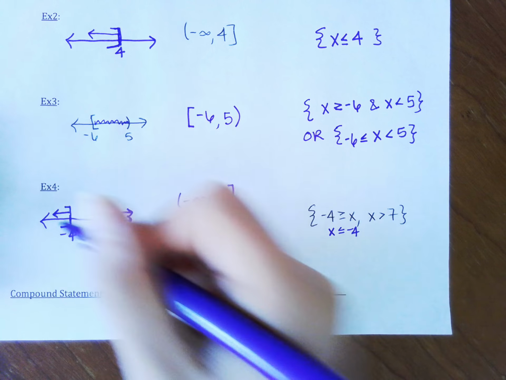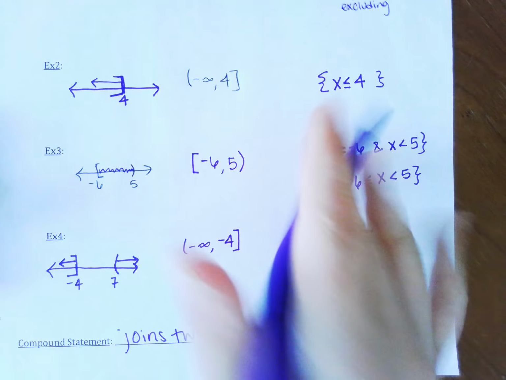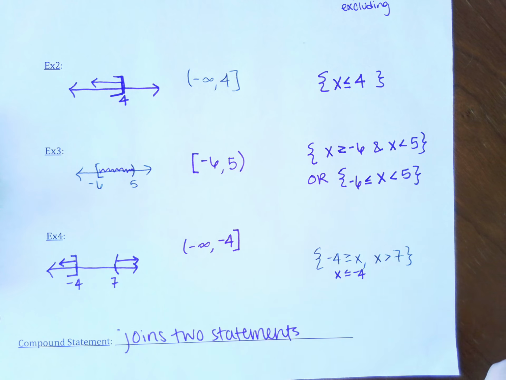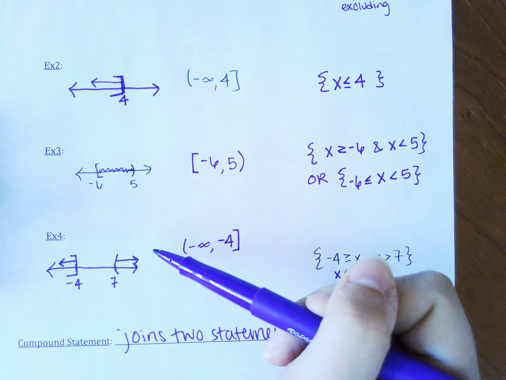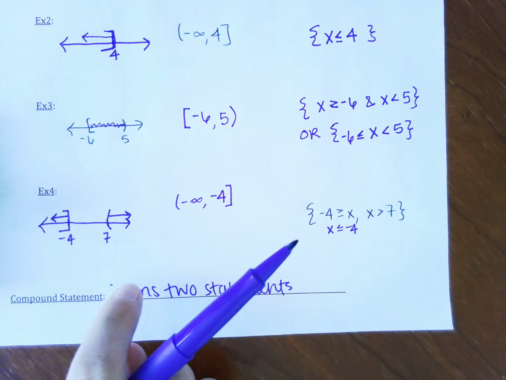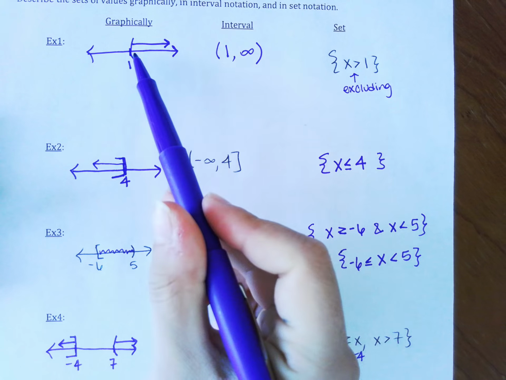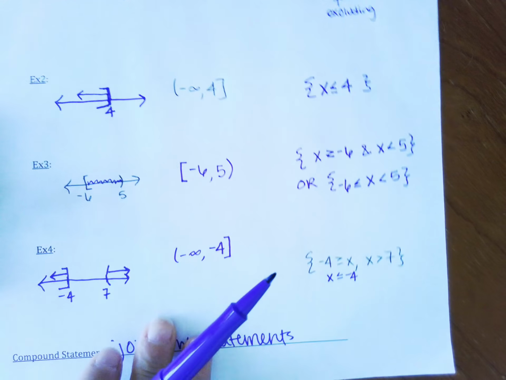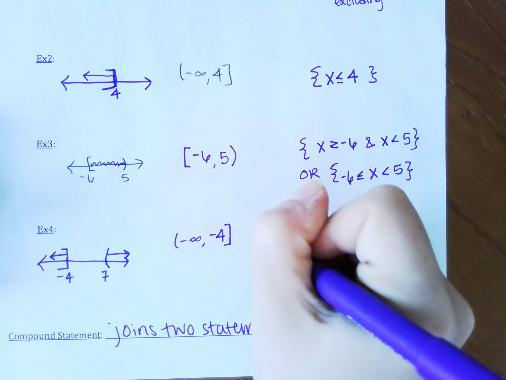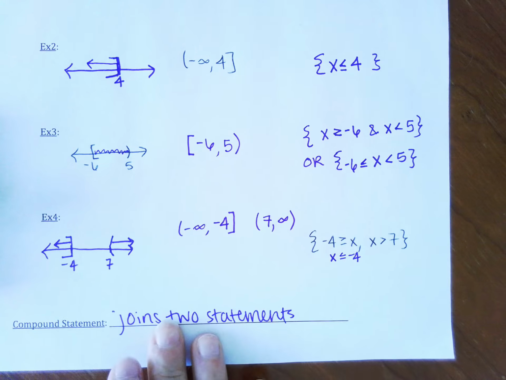That would be this set, but we don't want just that. So we have a secondary section here that we need to include too. And that one was more like example 1, where we have this soft bracket that goes off to infinity to the right. So we also need 7 to infinity with a soft bracket.